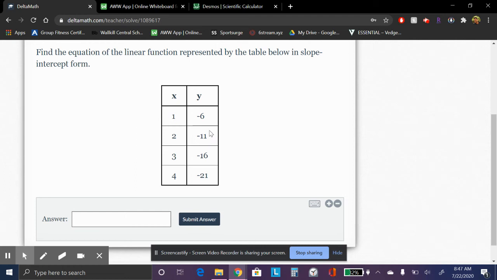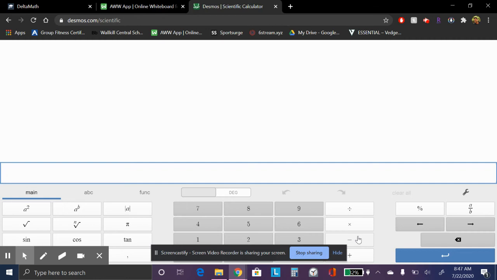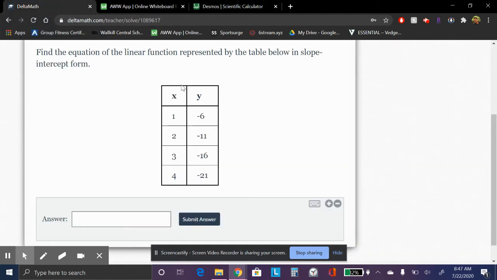You just take this number and subtract this number. -11 minus -6 is -5. So this is going down 5, down 5, down 5. Down 5 over 1. So my slope is -5 over 1, which is -5.